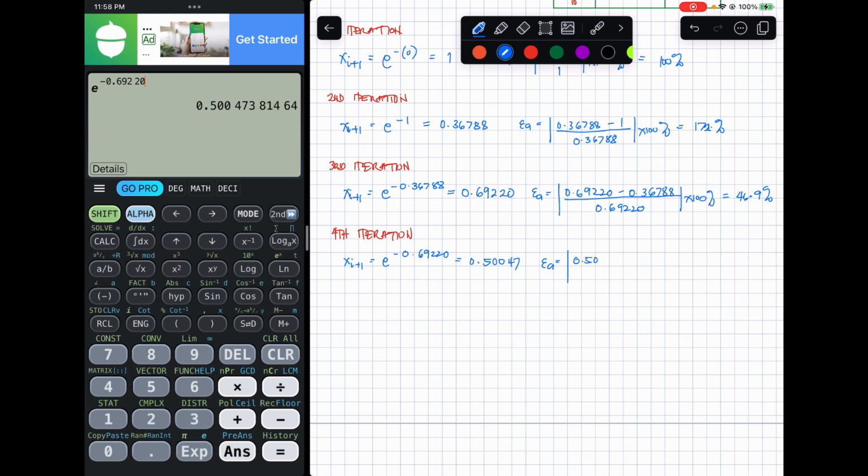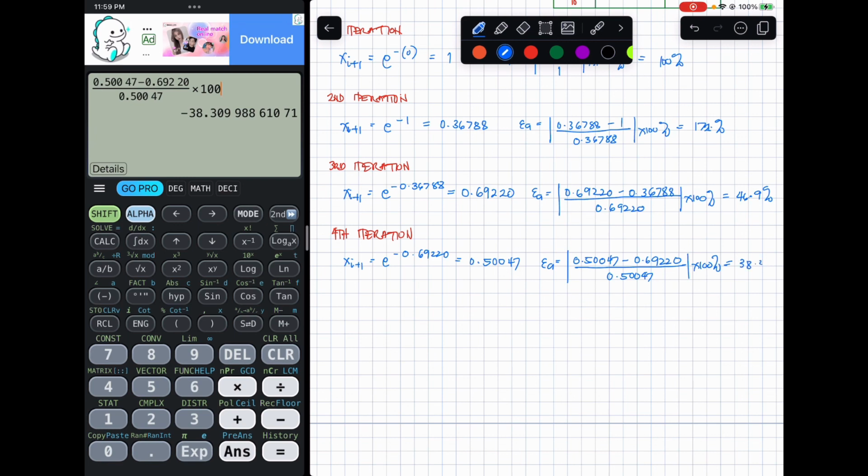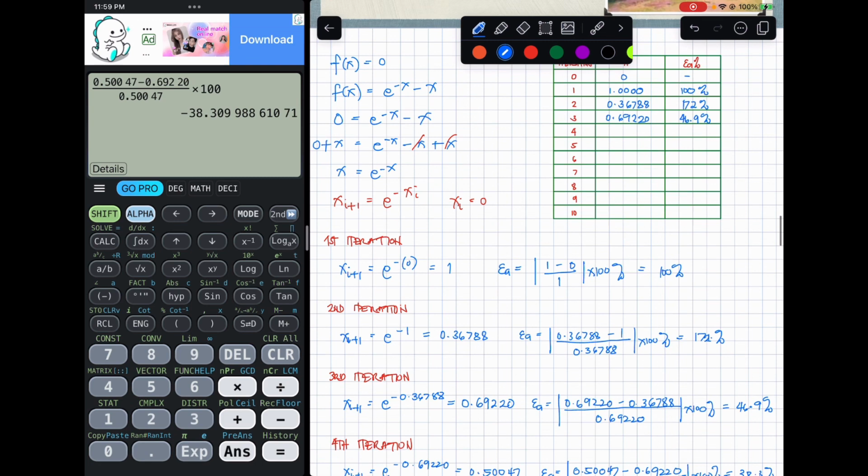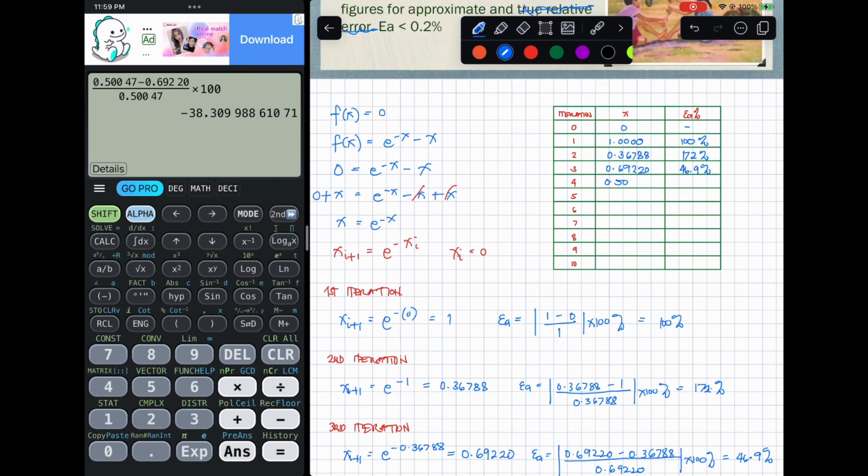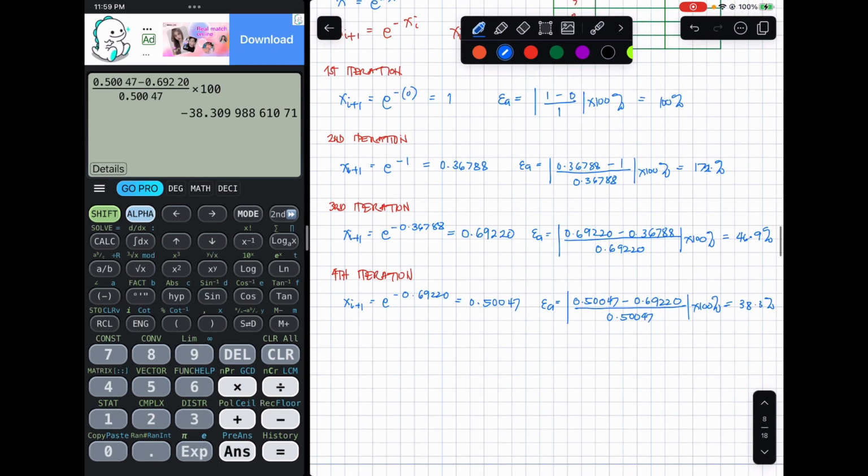So 0.50047 minus 0.69220, over 0.50047, times 100%. So we still have 38.3%.